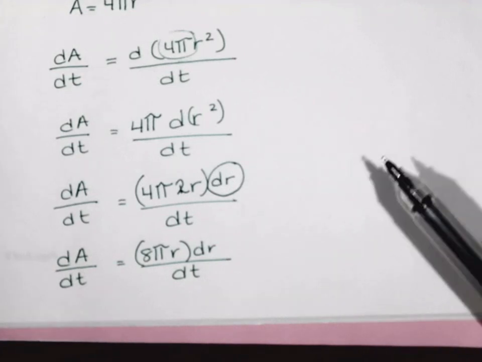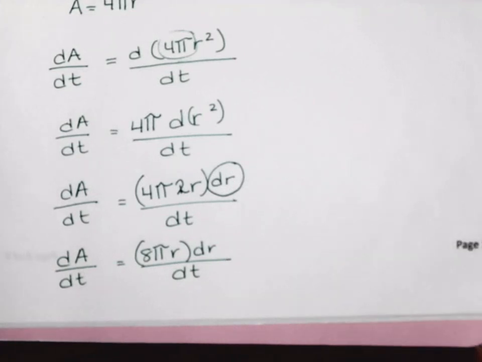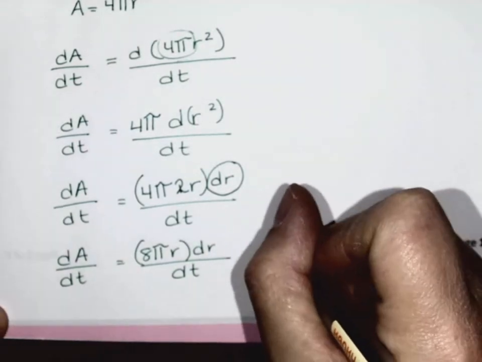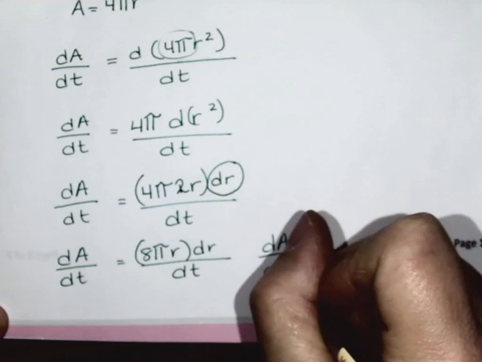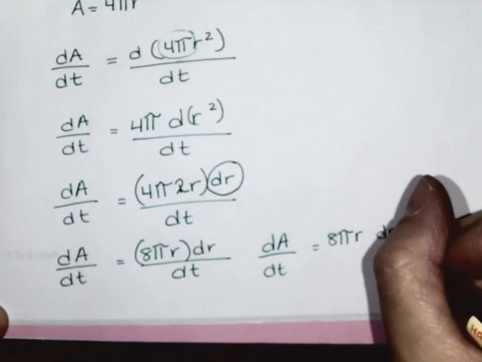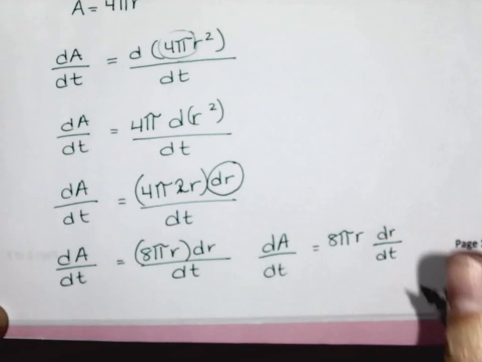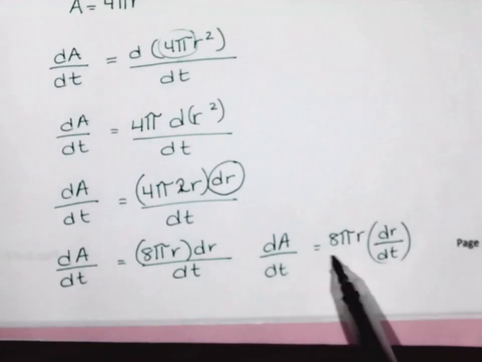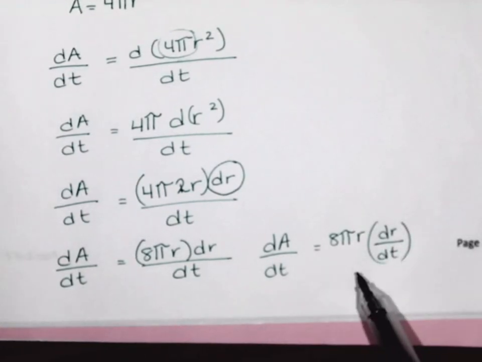Oh, so it's not like a y inverse? It's like y prime. So dr over dt is like y prime. Exactly. You might also see this written like this. And that's probably more likely what you'll see.